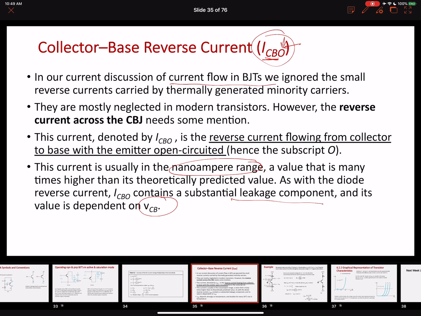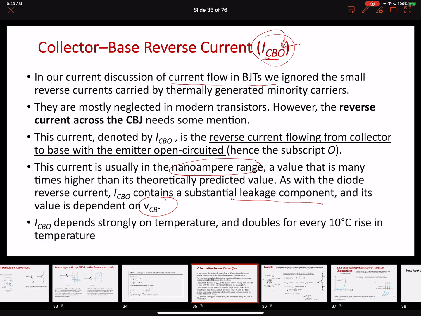Another factor it depends on is temperature. For every 10 degrees Celsius rise in temperature, the reverse current will double. This is something to consider when you are designing circuits for high power applications.